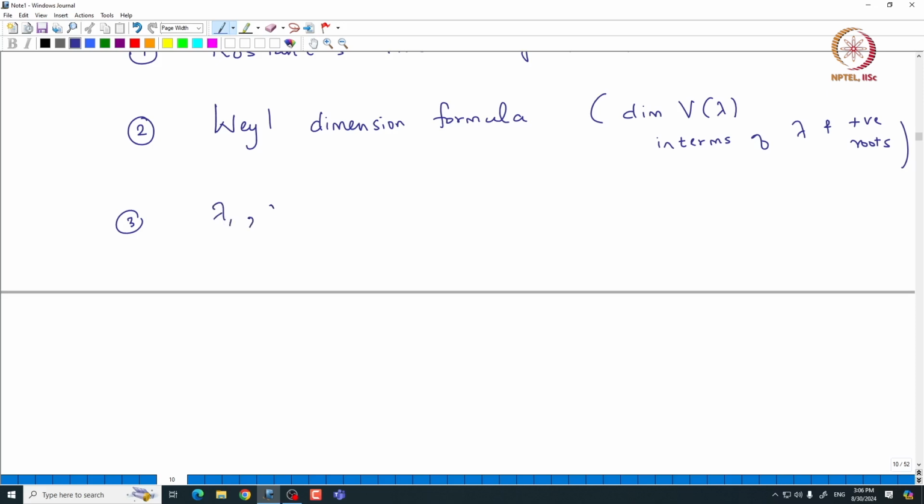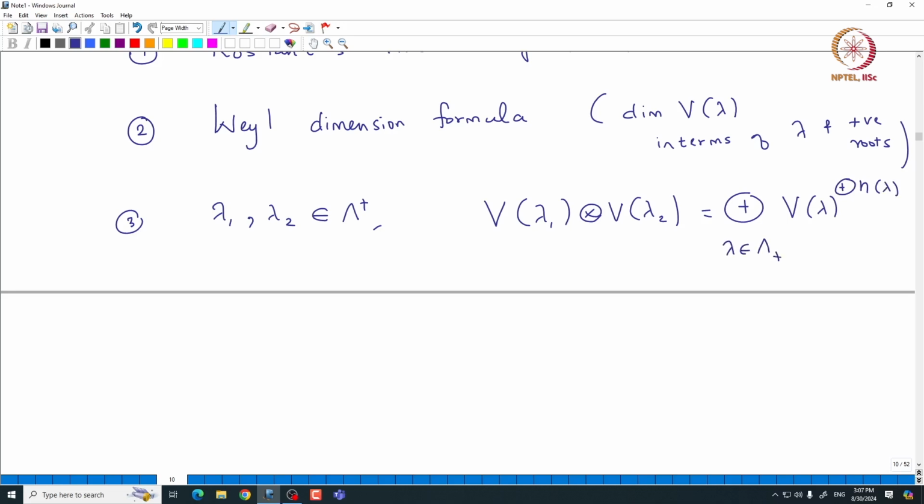Given lambda 1, lambda 2 in lambda plus, we can consider V lambda 1 tensor V lambda 2. This is a finite dimensional representation for SL N plus 1. Now, using complete reducibility, you can write this as a direct sum of V lambdas with some multiplicities n lambda, where lambda runs over lambda plus.